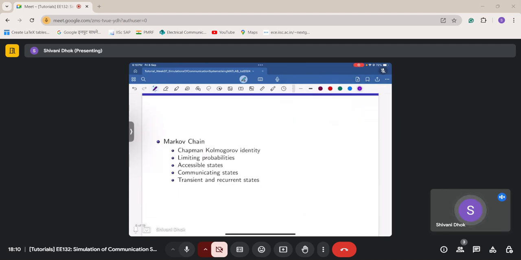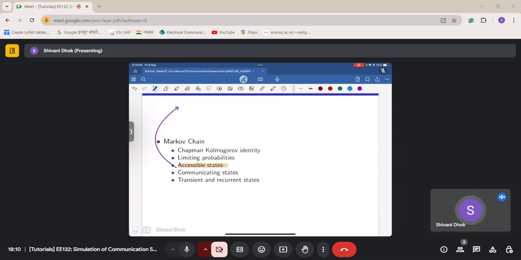After that, we looked at what are known as accessible states. This definition I had also covered in the last tutorial, but just for the sake of completeness, I will repeat it.